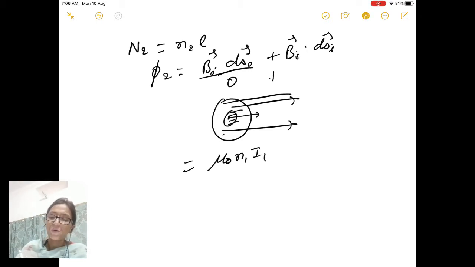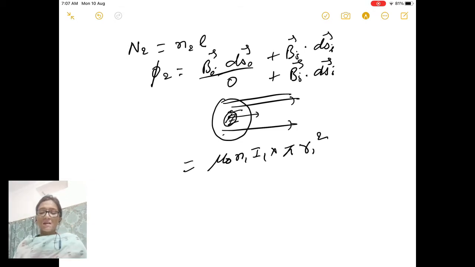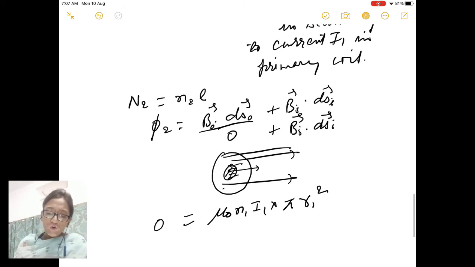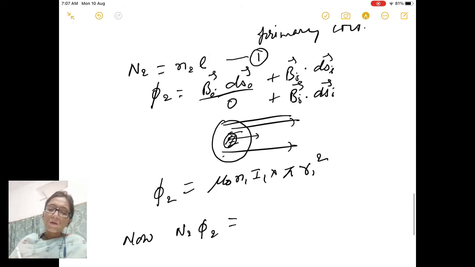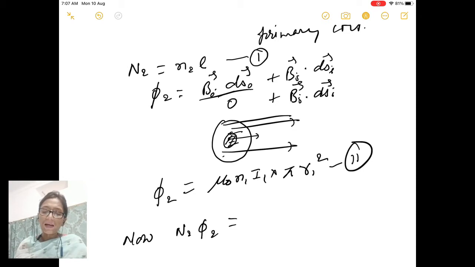Outside magnetic field is 0, plus this is your B inside dot ds inside. Now ds is the cross-sectional area, and this is equal to pi r1 square. So you obtain phi 2. Now N2 phi 2, here you have N2 and here you have phi 2. When you multiply the two, you get N2 L mu naught N1 I1 pi R1 square.